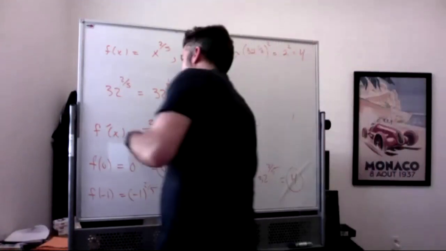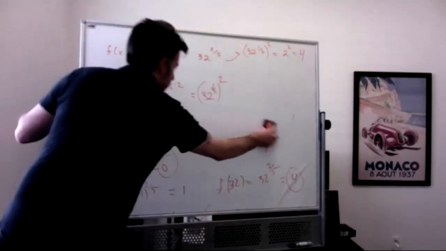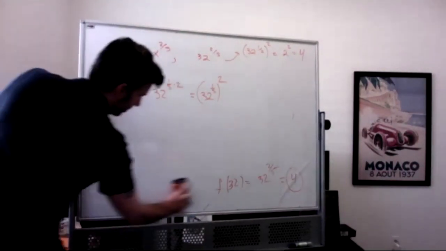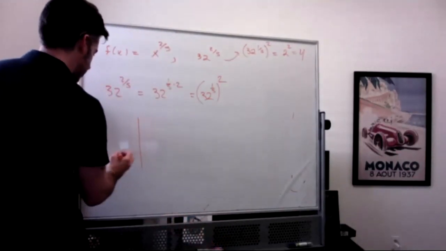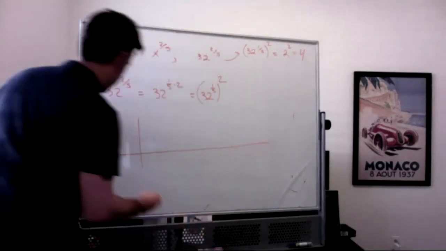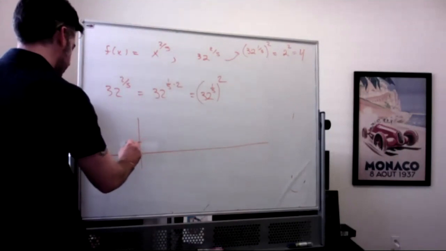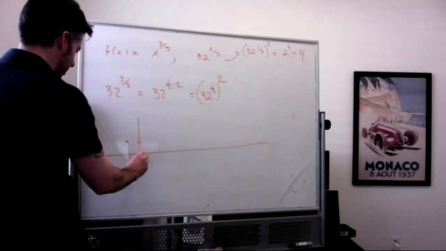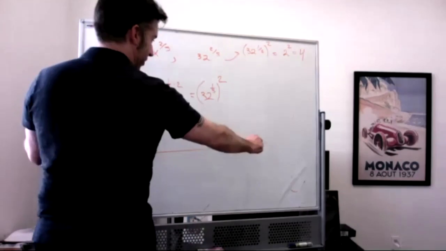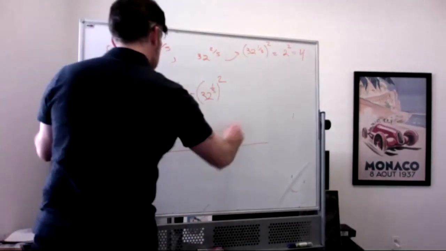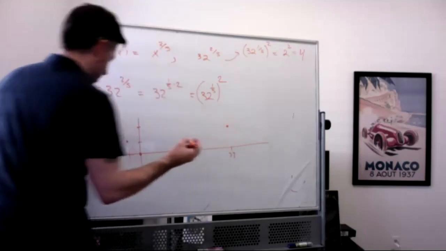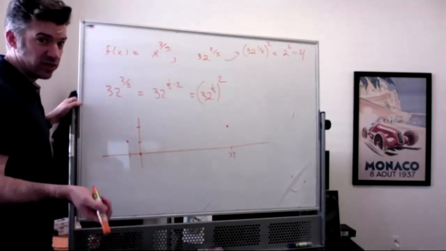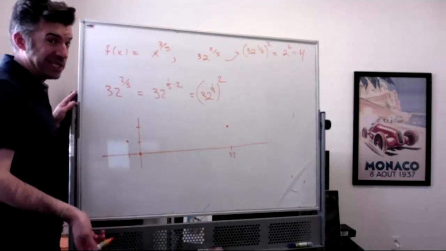Okay, so here's what's going on. X to the 2/5. Well, we know some values, right? We know that if we plug in -1, we get 1. We know that if we plug in 0, we get 0. And we know that if we plug in 32, we get 2. Let's pretend 32 is out here. And we know that at 0, the derivative is undefined, which means we have like a pointy point.